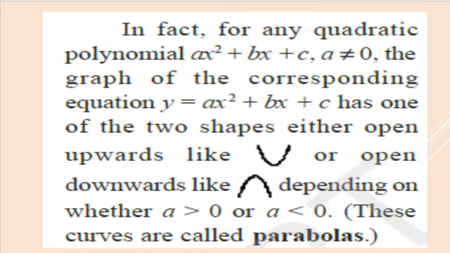You see here, in fact, for any quadratic polynomial ax square plus bx plus c, where a is not equal to 0, the graph of the corresponding equation y equal to ax square plus bx plus c, as I said in the previous slide, we can write p(x) equal to y, right? p(x) indicating the y coordinate.